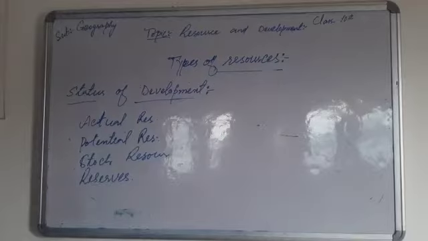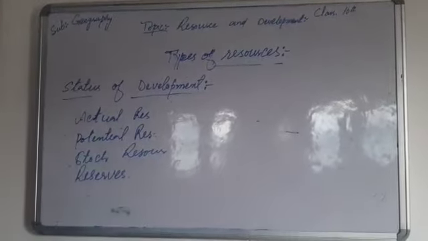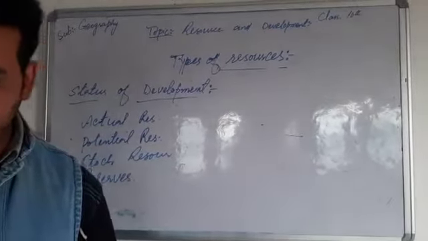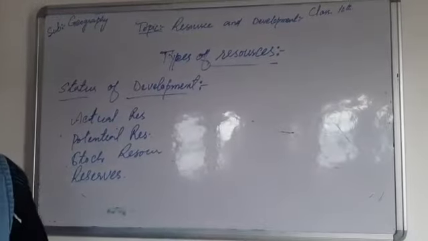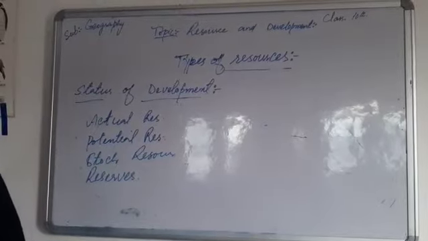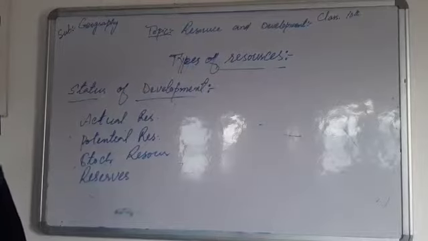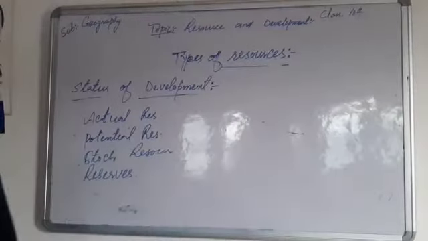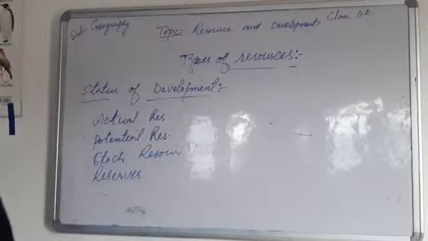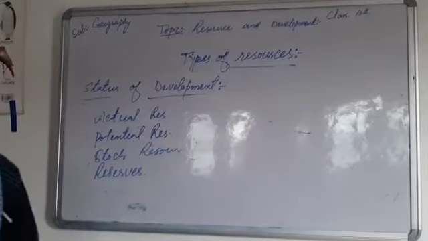Resources whose quantity and quality are known, and which are already being used in the present, are known as actual resources. Potential resources are those resources which are found in a region, but due to the lack of technology and because we do not have the quality and quantity of that resource, we are not utilizing it at present.